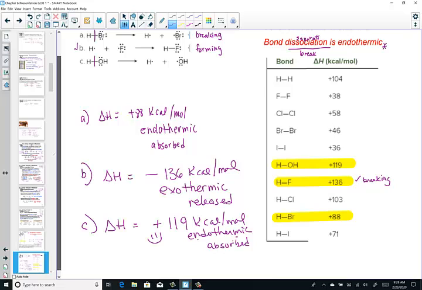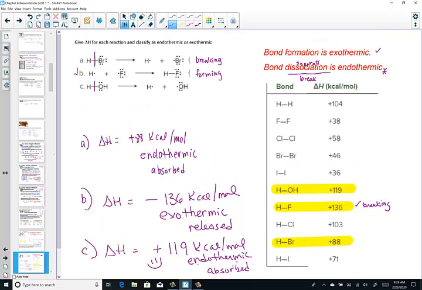A positive value is endothermic. Heat is being absorbed every time we dissociate a bond, which means to break it, we absorb heat energy. So breaking bonds, you know it's a positive value. Forming bonds, you know it's a negative value. That is correct.